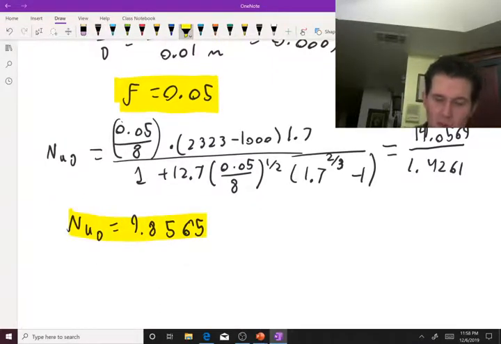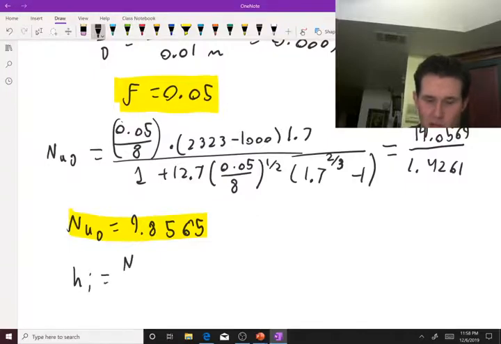It's an important number. We just highlighted it. Do we want a Nusselt number? No, we want our internal convection coefficient. Now, our internal convection coefficient is always equal to the Nusselt number times k.